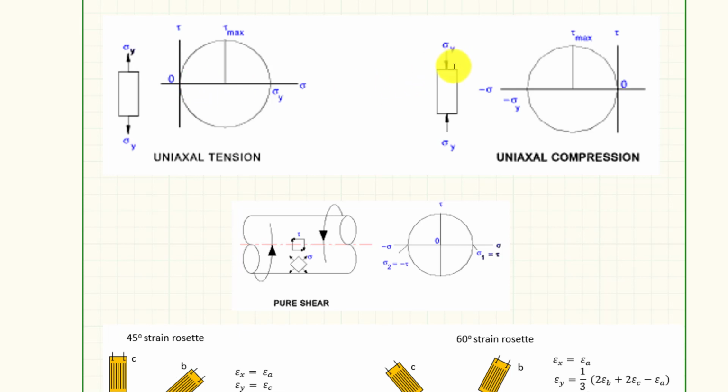If I'm compressing this, the circle is flipping over to the other side of the shear stress line and looking like this. So we can see if we have tensile or compressive loads getting into our samples. We're going to be doing pure torsion or pure shear, and we're going to be twisting that shaft, and we expect to see the rotation of our stress element. When we do that, our circle should be about the 0, 0 point here.